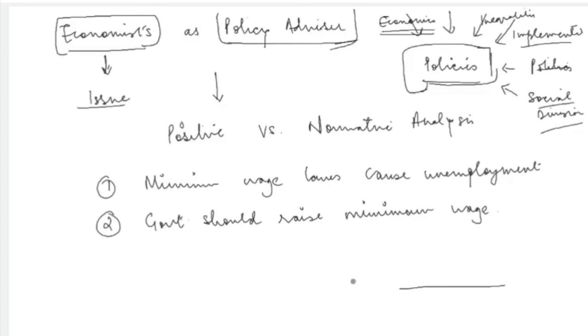So say that level is 500 rupees a day. I'm just saying a hypothetical number. So if the government announces that no employer in an organized setup will pay their employee a wage below 500 rupees per day, that is called a minimum wage law.